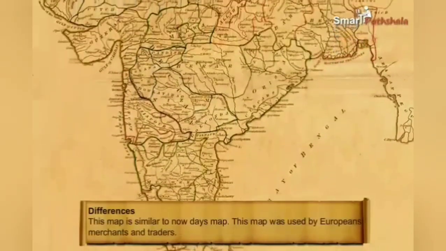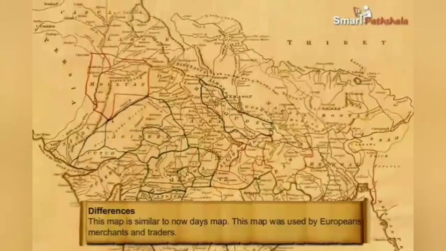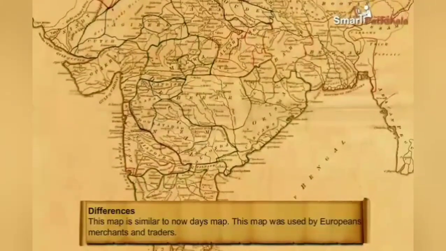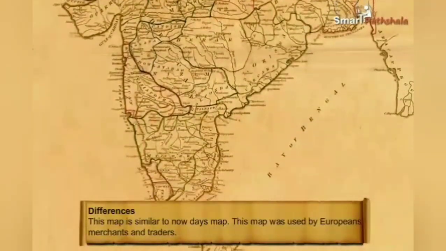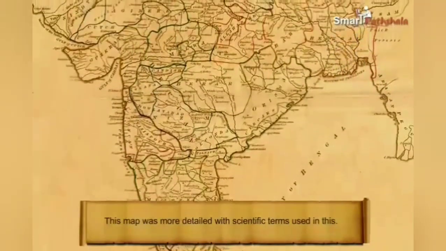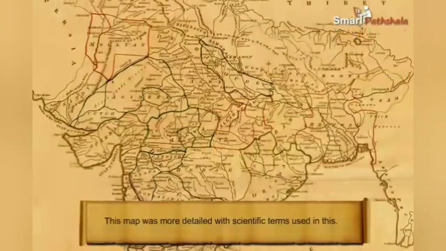It was quite different from the previous map in all respects. This map is similar to present-day maps. This map was used by European merchants and traders. This map was much more useful than the previous map as it was more detailed with scientific terms used in it.